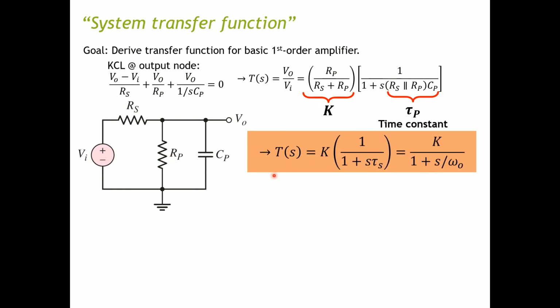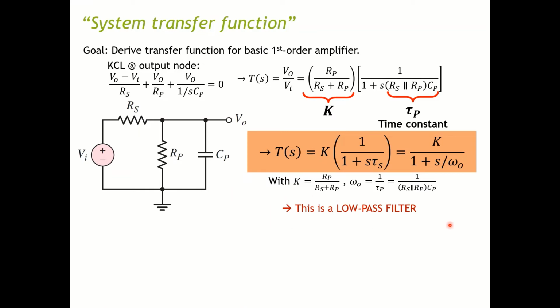So you can write down the whole transfer function as T(s) equal K multiplied by 1 over 1 plus tau s, or you can rewrite tau s in terms of omega naught, the corner frequency.